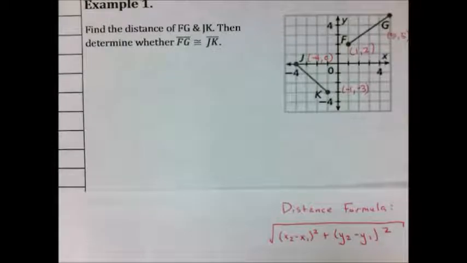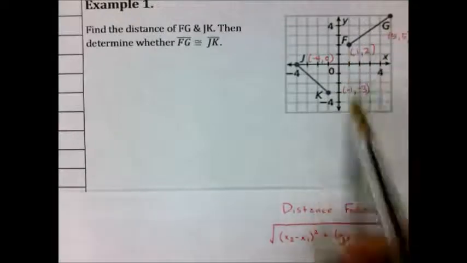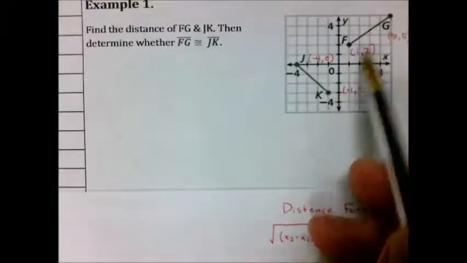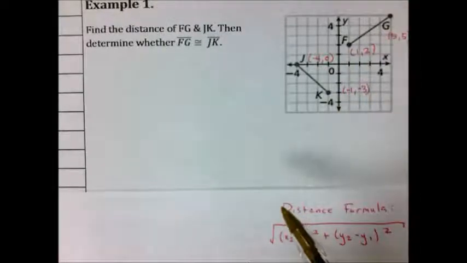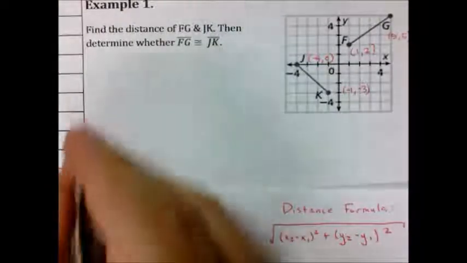So I know what each coordinate is. And the second thing is that we need to plug the x values and y values into our equation and solve, making sure that we keep x2's aligned with y2's and x1's aligned with y1's. Okay, so let's do FG first.